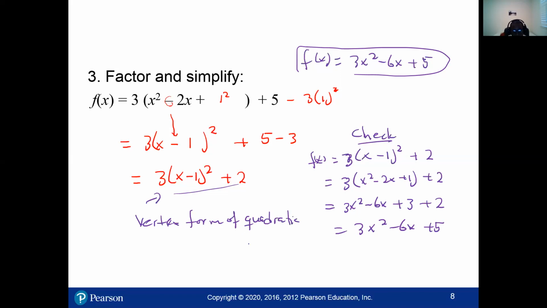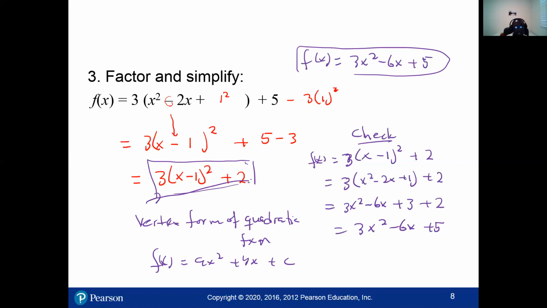In fact, we're going to take the general function, which we write ax squared plus bx plus c, and then we're going to complete the square. Now here we can talk about a lot of things. We can talk about the vertex and the axis of symmetry once we have it in that form.